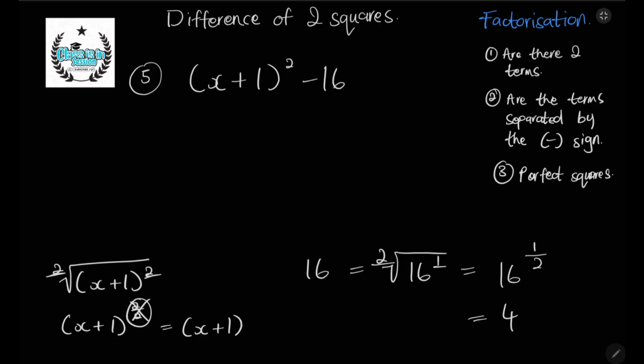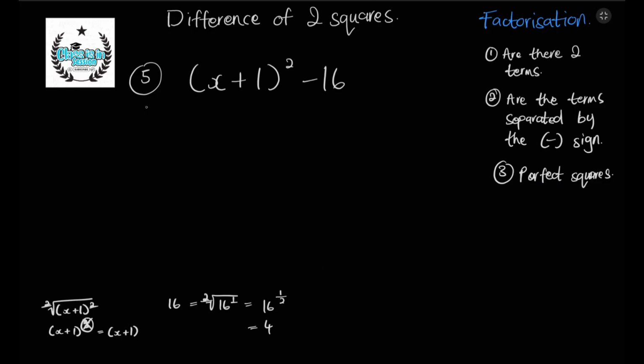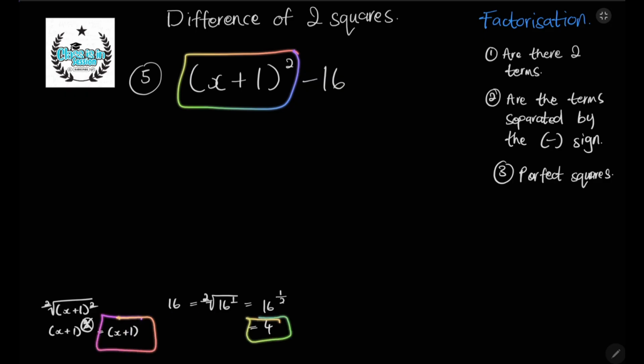How do you factorize again? We need two brackets, right? In the first bracket, you should have a minus sign, in the second one a plus sign. Or we could have a minus sign here and a plus sign there. So for the first term, (x plus 1) squared, the square root of this is x plus 1, the one that we solved. For the second term, we just have 4.